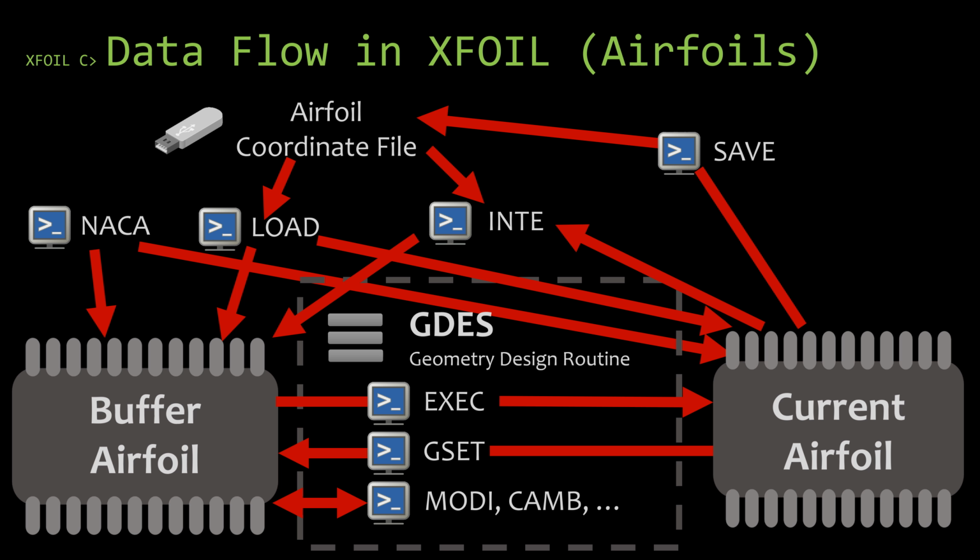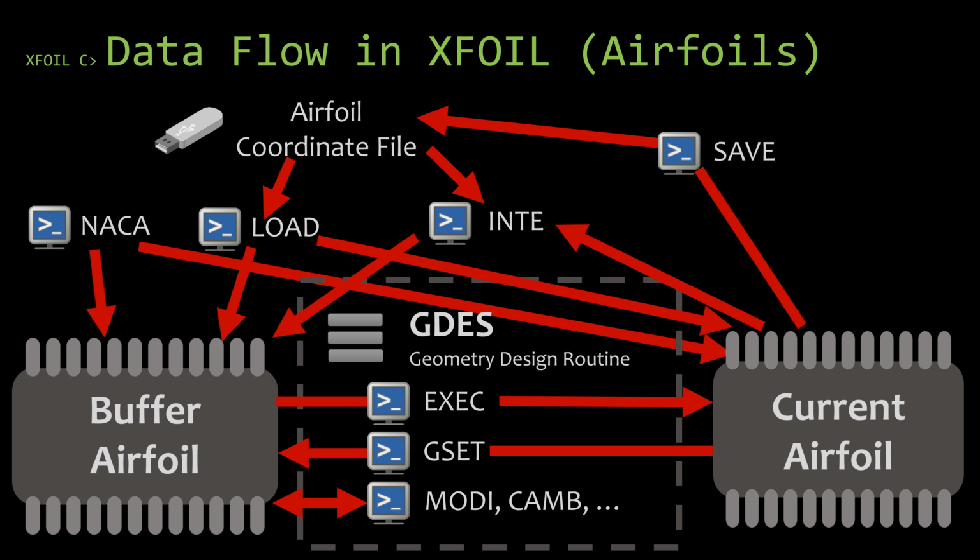The way Xfoil works is that when you start it, half the time it doesn't have any airfoil loaded in its local memory. So you have to tell Xfoil what airfoil you're using. Xfoil is a one-airfoil-at-a-time type of thing, so you need to load the airfoil that you want to analyze or manipulate.